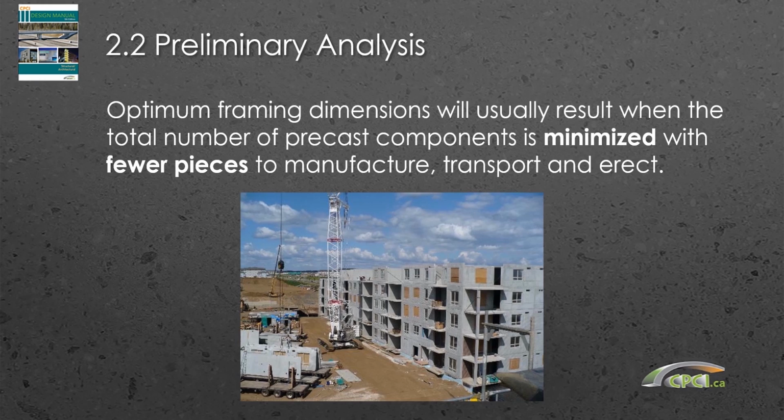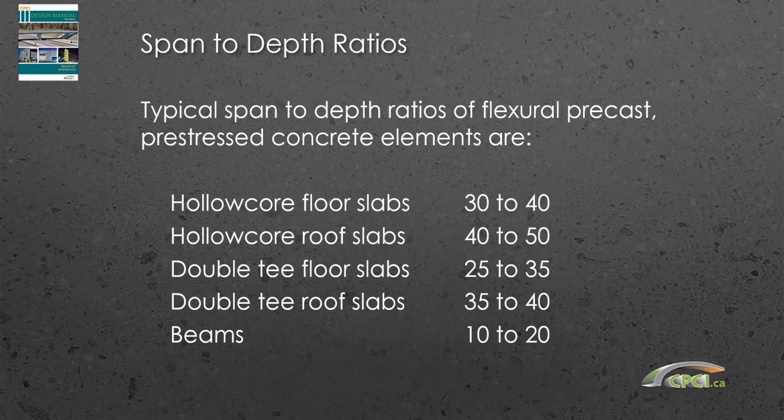Obviously, when we're dealing with precast structures, we try to optimize the framing dimensions to have as few pieces and as large pieces as possible, respecting site crane limits and trucking and shipping restrictions, but you get your best economy with any precast structure by reducing the amount of pieces that you have to transport and erect.